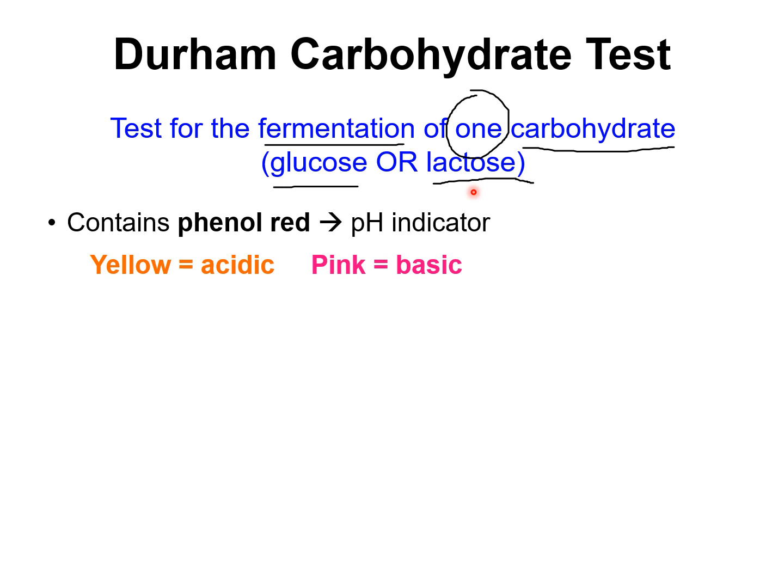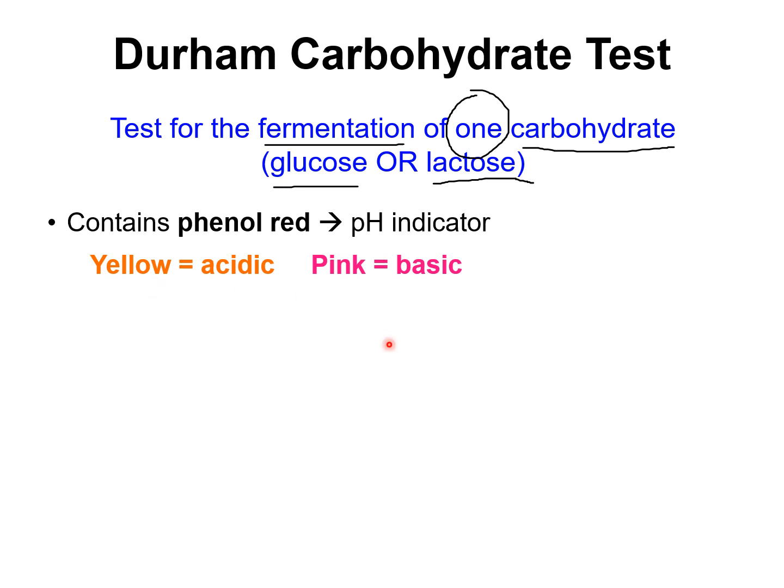So we know that if the bacteria is capable of fermenting a sugar, then the solution is going to turn acidic, and if it turns acidic, then the color of the test tube is going to turn yellow.